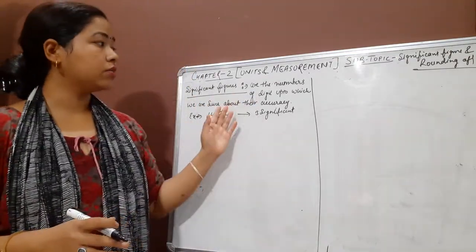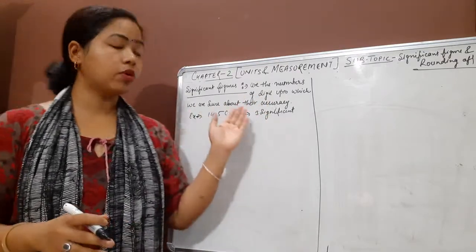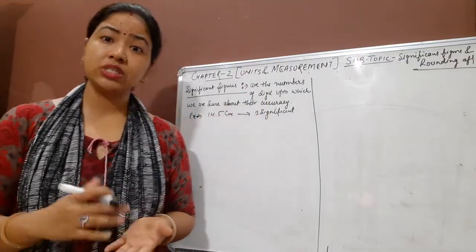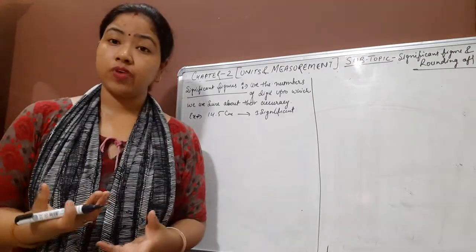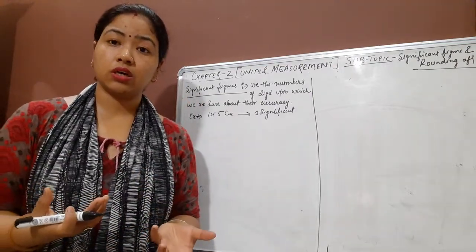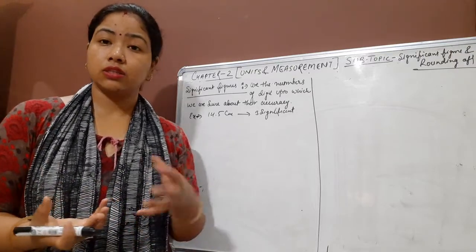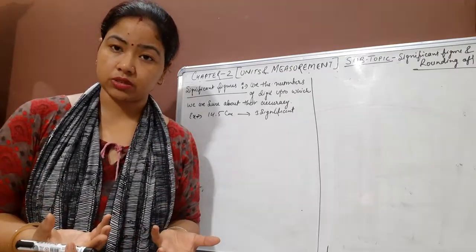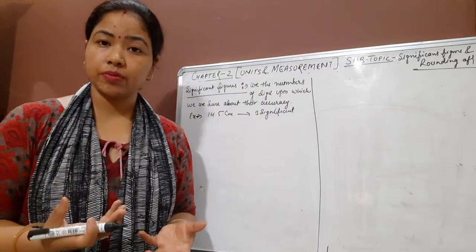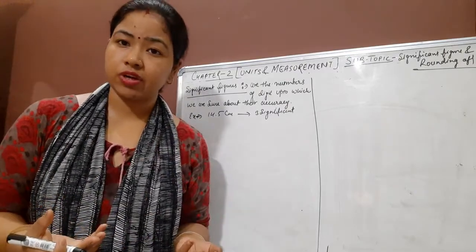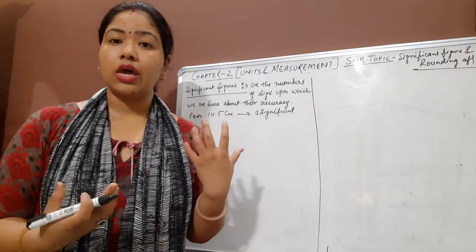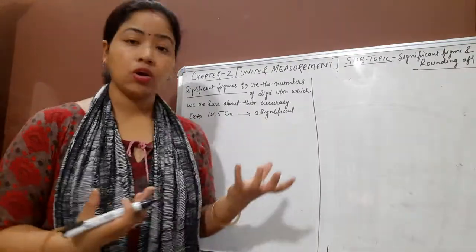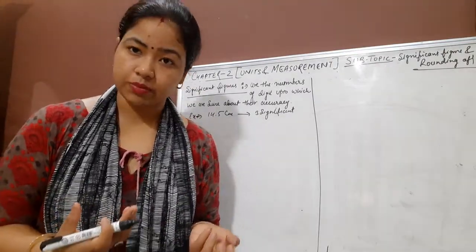Significant figures are the number of digits up to which we are sure about their accuracy. That means these are the fixed numbers up to which we can correctly measure, we can correctly tell any measurement, right? So if you are doing any measurement and we have three significant figures, that tells us about the accuracy of that particular measurement, right?